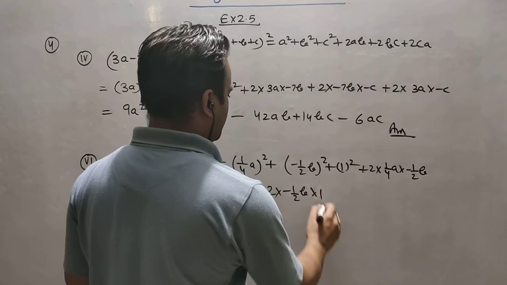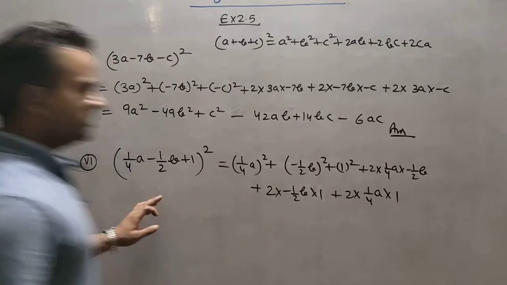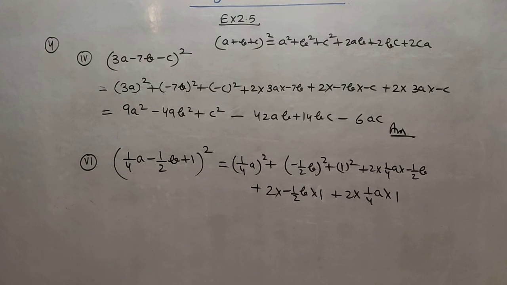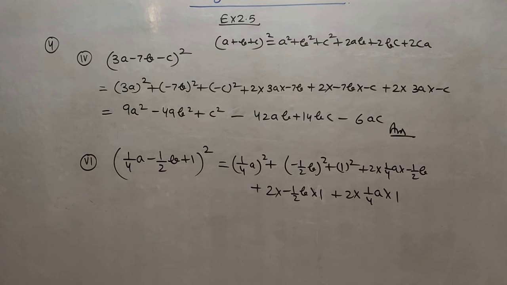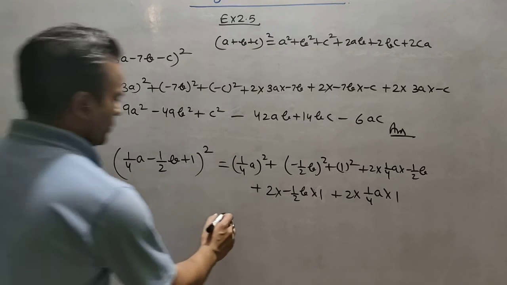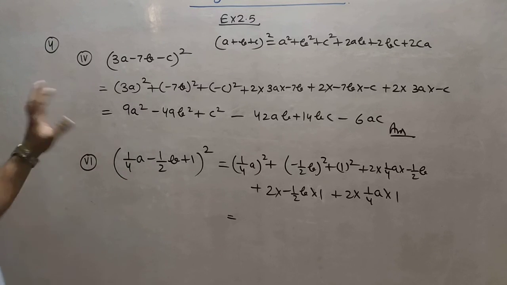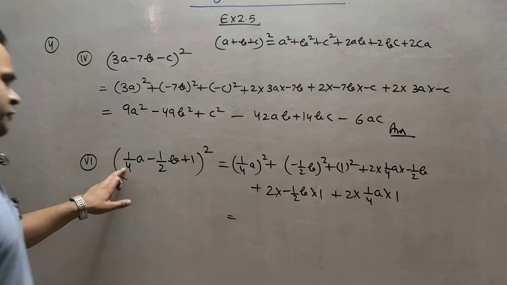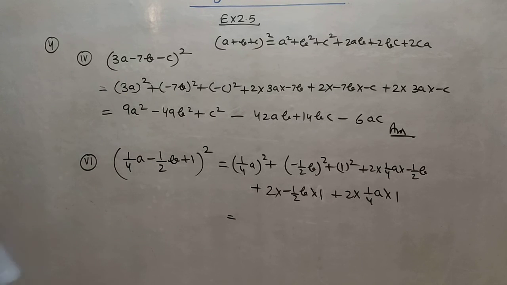Third one is not c, it is 1. 2 into 1 upon 4a into 1. You can see I have only put the value of a, b and c in the identity, right? Nothing else from my side, I have not put any type of extra effort. Only the value of a, b, c for each expression changed. Like in this form it is in a fraction form, and both are in minus form. So there are so many things we are seeing.